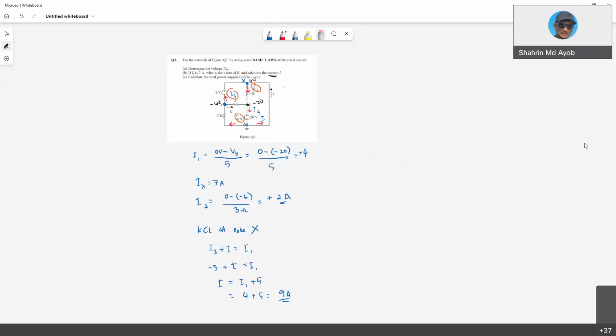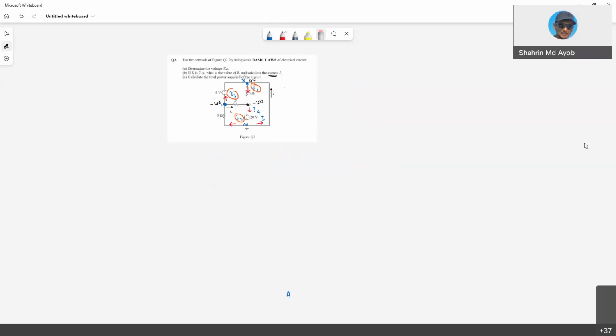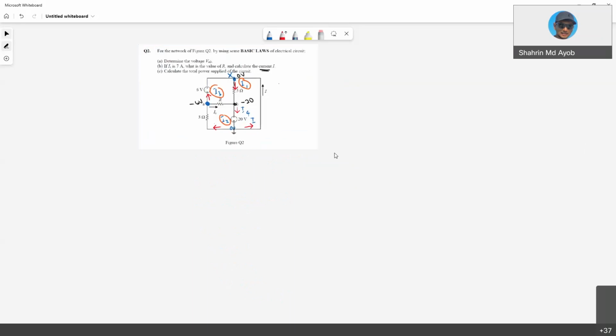Okay, it's not necessary that you write down all the elements' power. You can just write down the total, because the question just wants you to calculate the total power supplied inside the circuit.